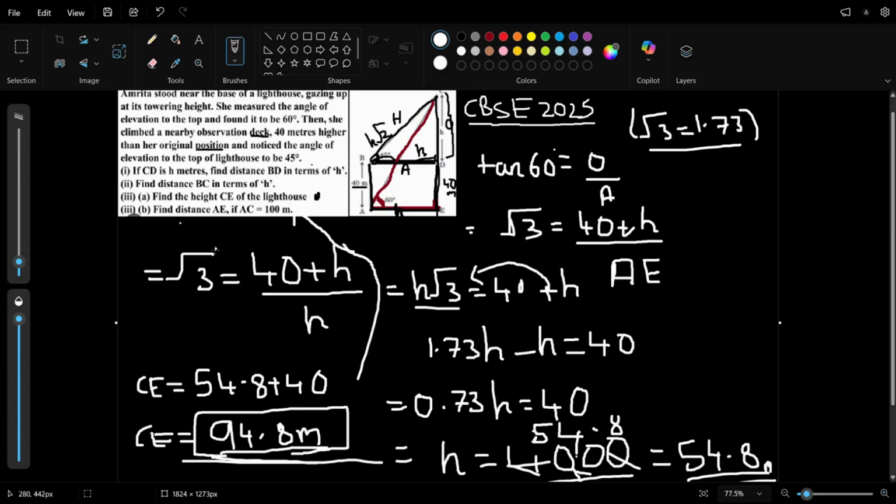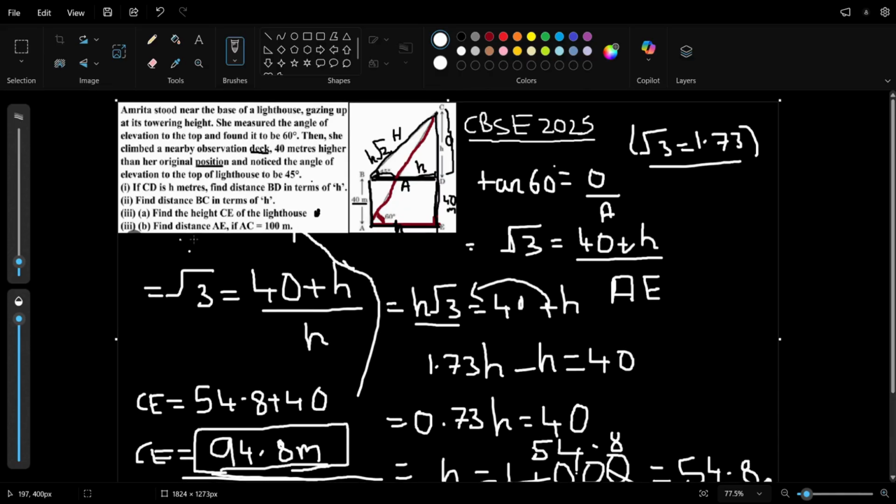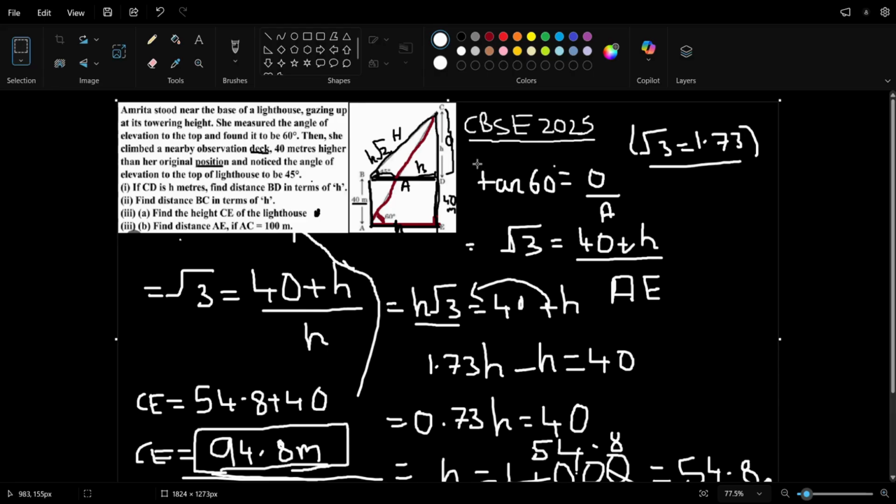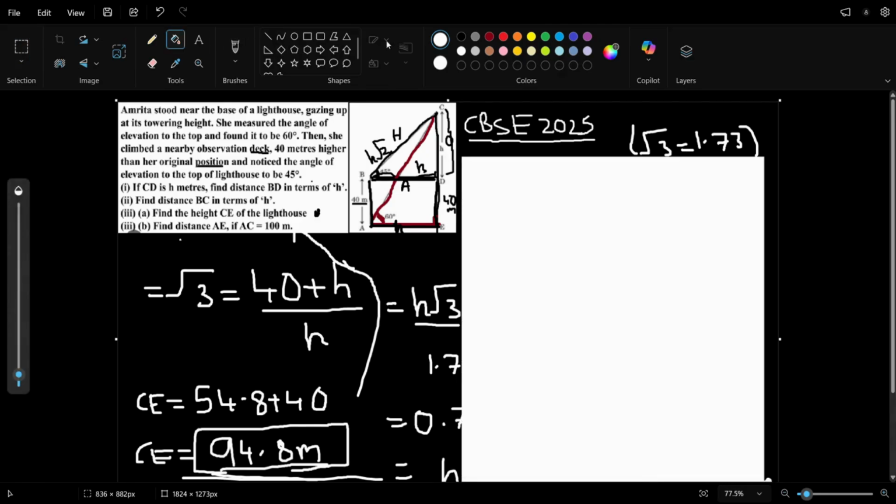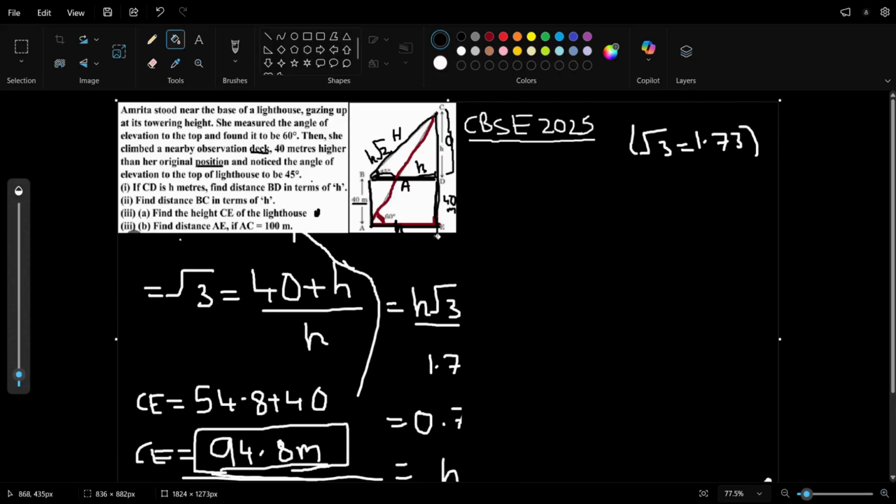Now look at the fourth one. Let me just clear this up. Now see, now you're supposed to find the distance AE if AC is 100 meters.